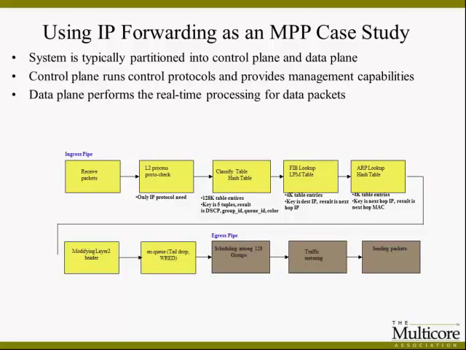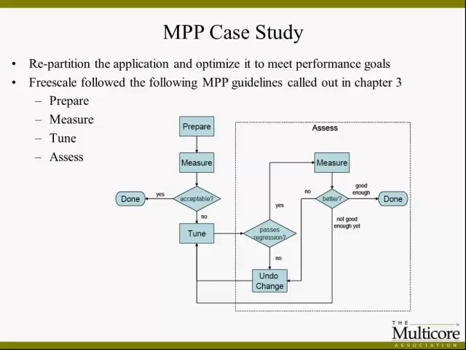It's a typical IP forwarding type of application, but one that has to run on a multi-core processor divided into both control plane and data plane. The case study followed very closely Chapter 3 of the MPP guide.